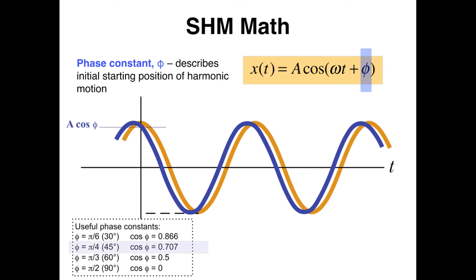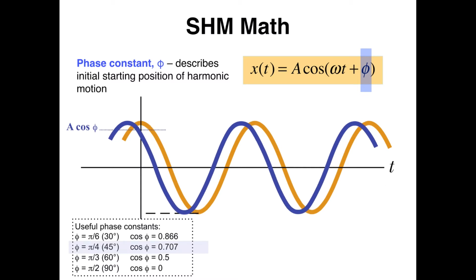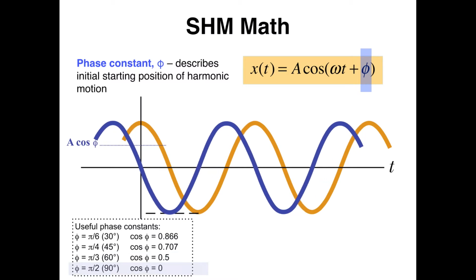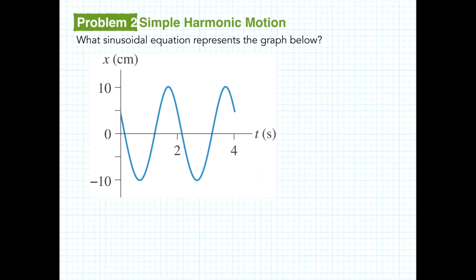So that means 86% of your original amplitude. At pi over 4, it goes down a little bit more. At pi over 3, it goes down a little bit more. And then at pi over 2, you'll notice your phase has changed so that this graph is no longer considered cosine. It's now sine. And that's something we should maybe know.